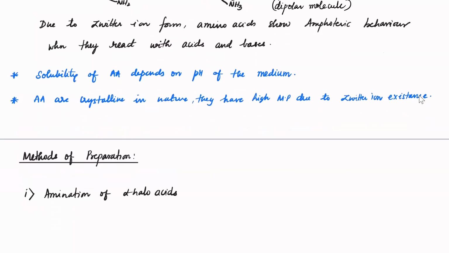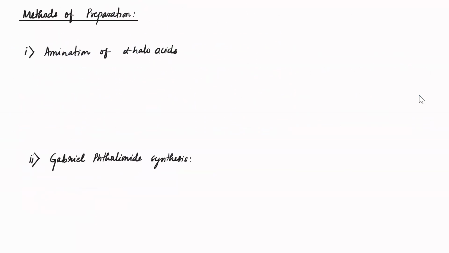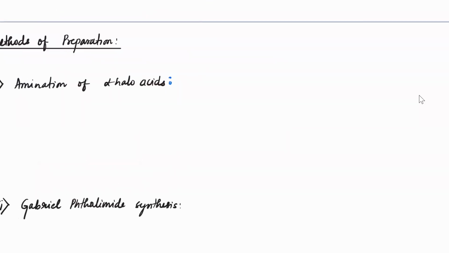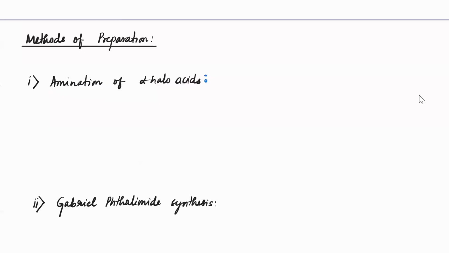First, let us quickly browse through the preparation reactions for amino acids. So first, amination of alpha halo acids. What does that mean? Let me write down a reaction which we are aware of.